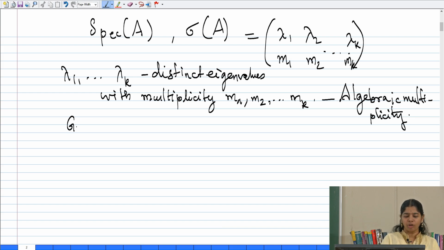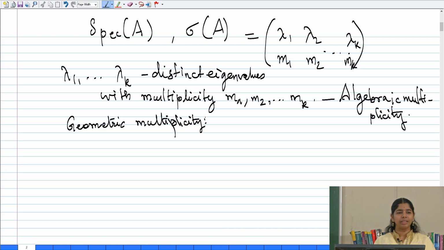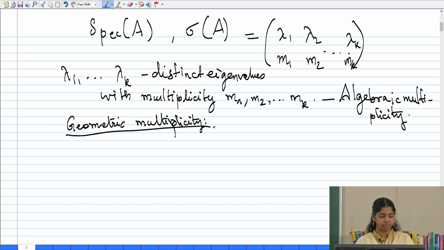So, the geometric multiplicity is nothing but, if you look at an eigenvalue and the eigenspace associated with it in a vector space, then the dimension of that space is the geometric multiplicity for that lambda i, right. For the time being we will skip that part, and it is also known that geometric multiplicity cannot exceed algebraic multiplicity. So, it is always less than or equal to the algebraic multiplicity. I will leave this part anyway.